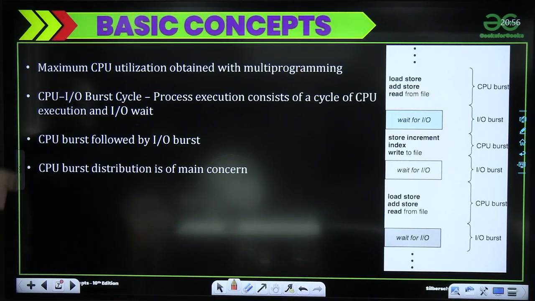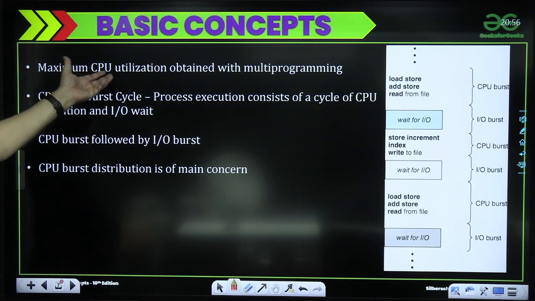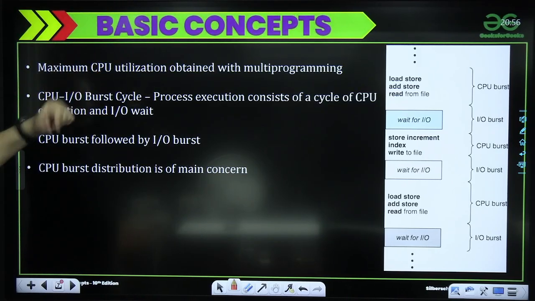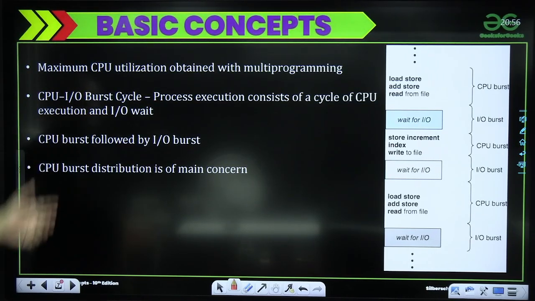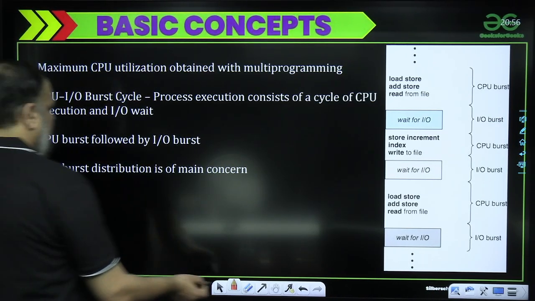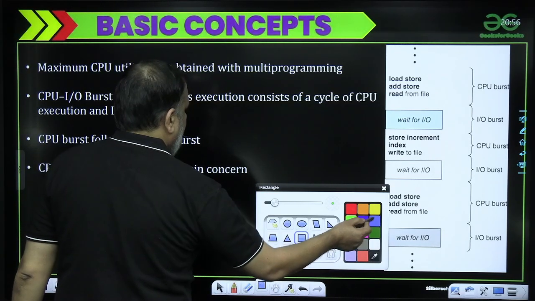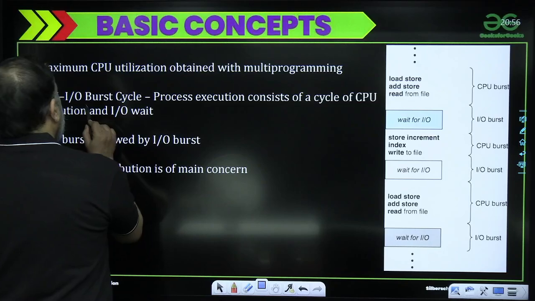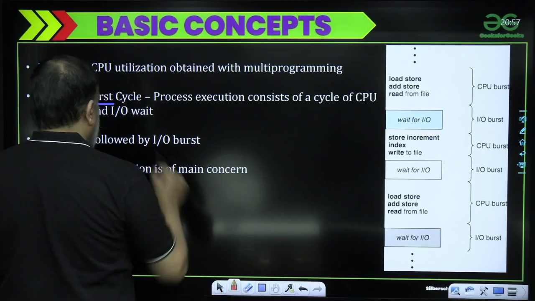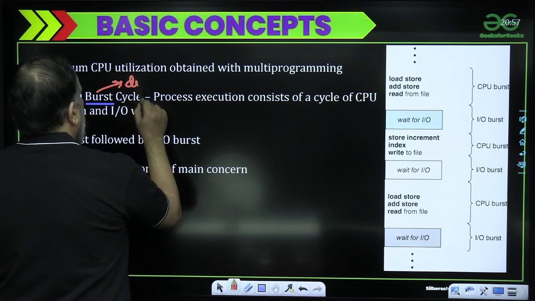The basic objective of the CPU scheduler is to maximize CPU utilization through multi-programming. And then there is something called burst. When you look at the word burst that you most often encounter in this chapter, burst means some duration of time.